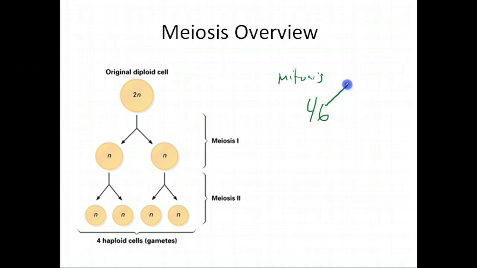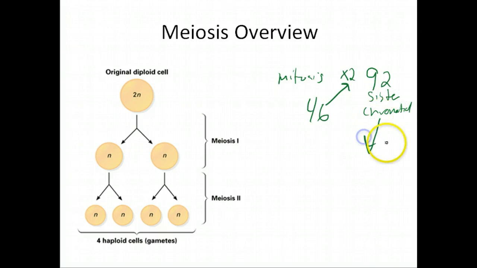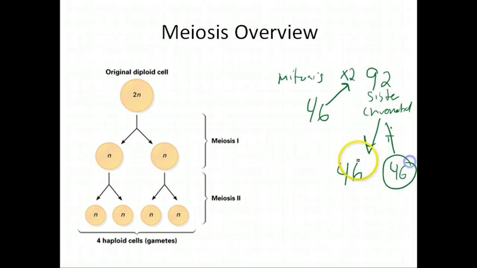You are then going to double it, so you're going to make 92 sister chromatids. Okay, and then you divide in the process of mitosis to get 46 again. But you have 2 cells now, so you get 2 at 46, whereas you started with 1. That's mitosis. You're basically keeping the diploid state intact.